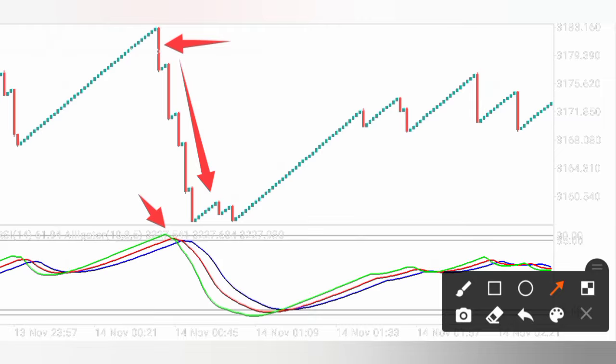Now look at the time at which it switched from bearish to bullish. What happened next? The lip of the alligator indicator was at level 10. There was an interception also right here, and then what happened was a trend to the upside, guys. So this is a very accurate indicator. You are going to make massive profit using this strategy.